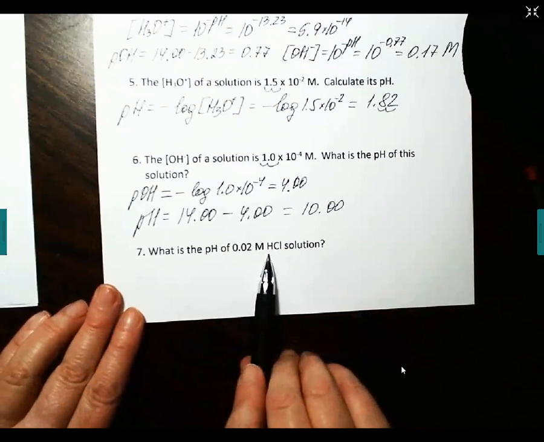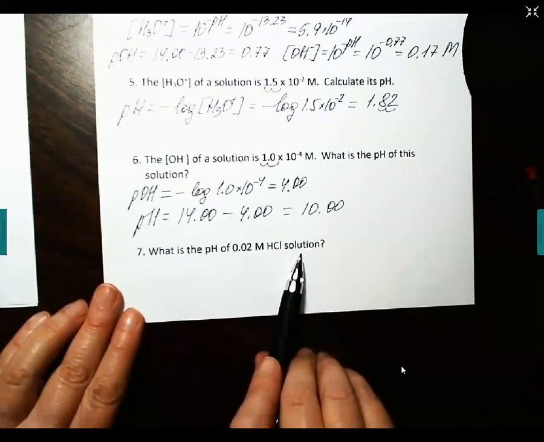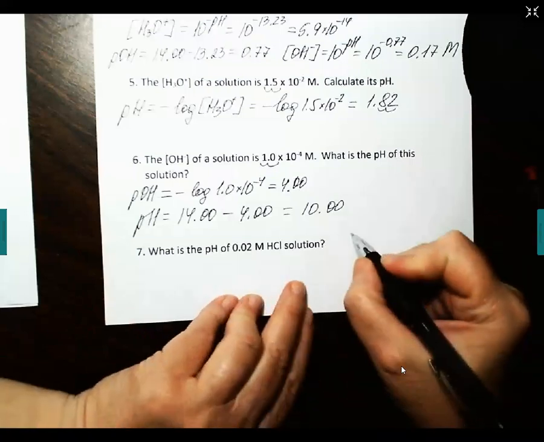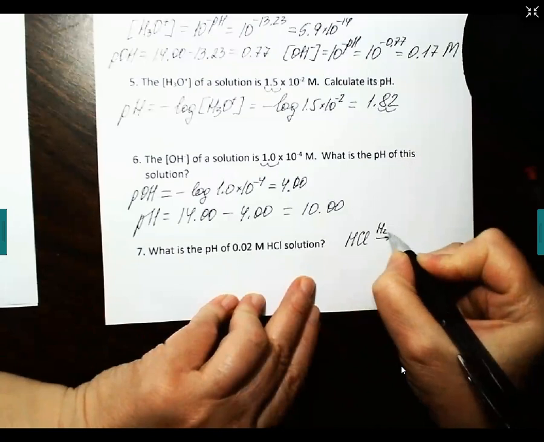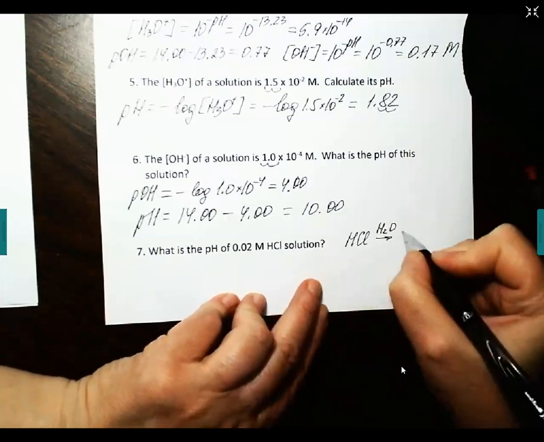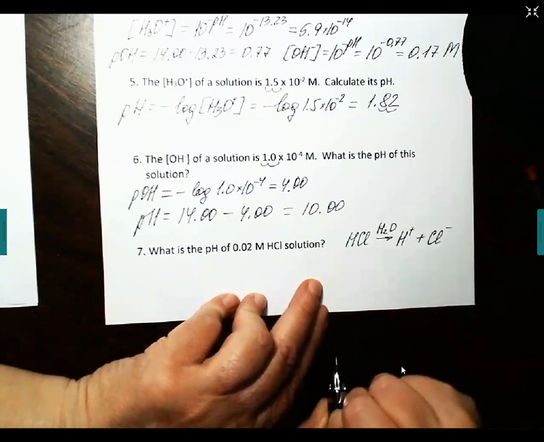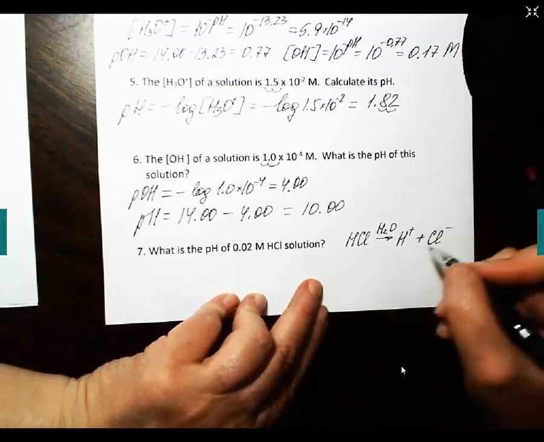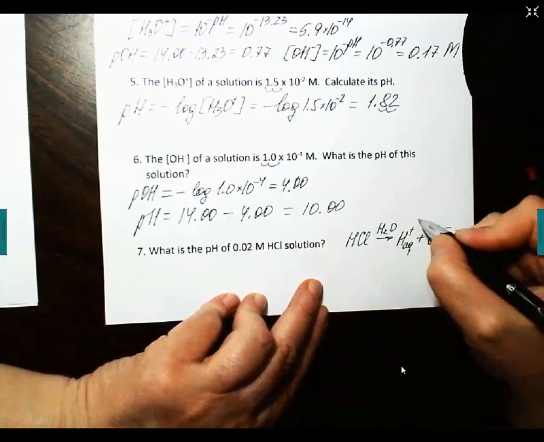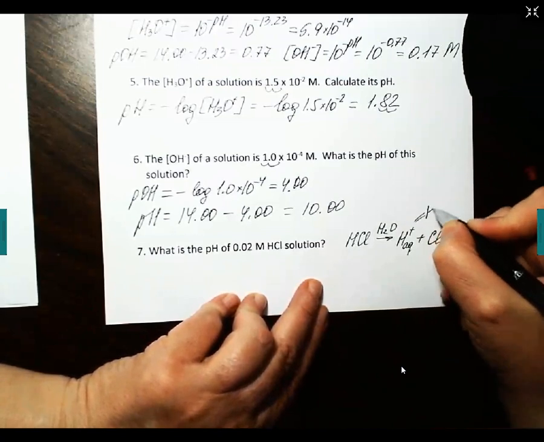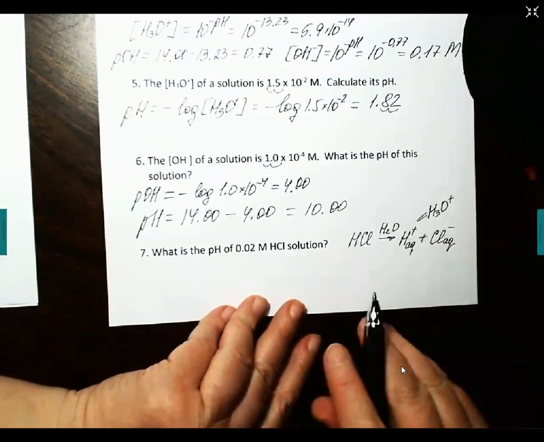pH of a 0.02 moles per liter hydrochloric acid solution. Just to remind you that in water solution, a strong acid dissociates completely and gives us H plus, which is the same as H3O plus, and chloride ion.